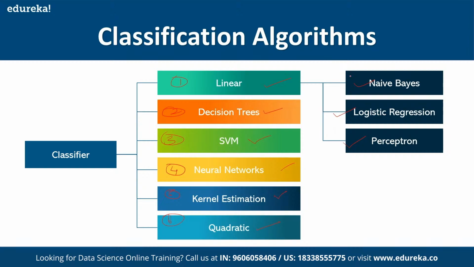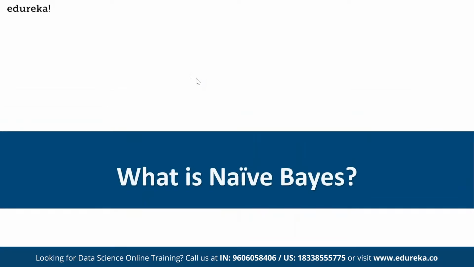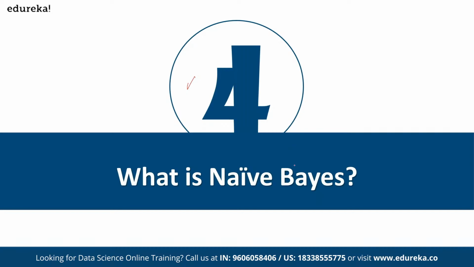Today we are going to learn about Naive Bayes. So what is Naive Bayes in short? Naive Bayes is an algorithm used for classification.